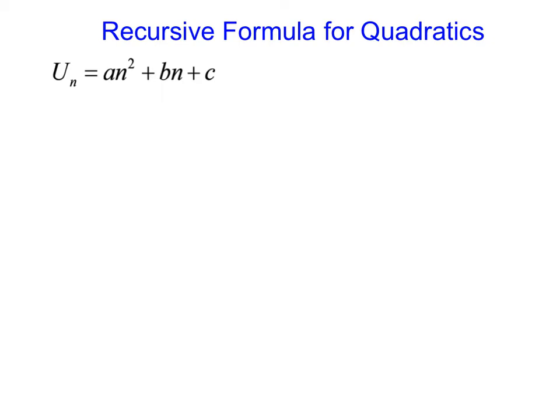And if it is recursive, then that must mean that the term u sub n can be defined in terms of the previous term, u sub n minus 1, plus something, and that something we'll call k. And to solve for k, I'm going to rely on the definition. So u sub n, we know that that is an squared plus bn plus c.